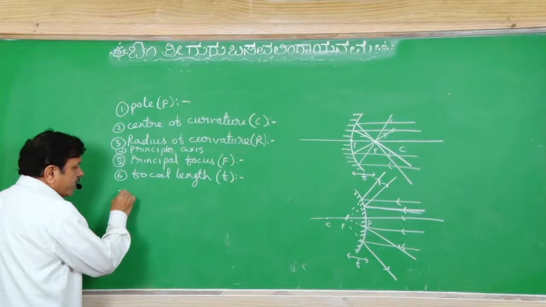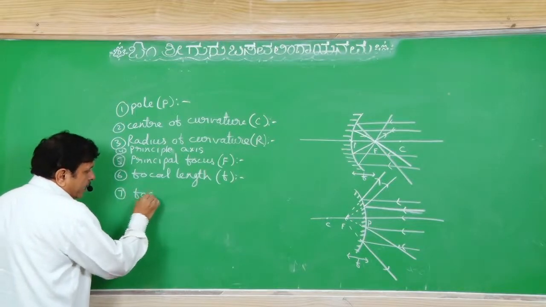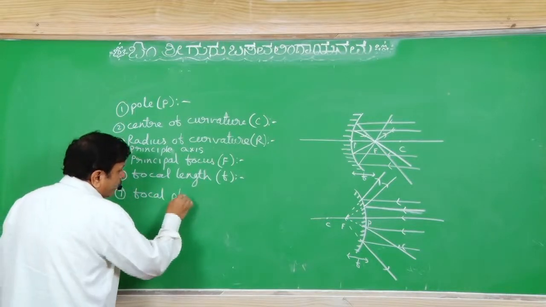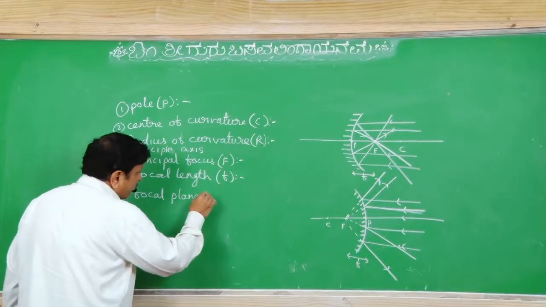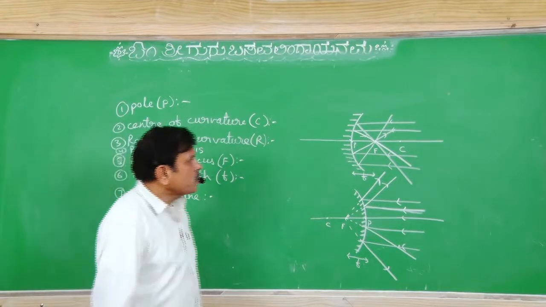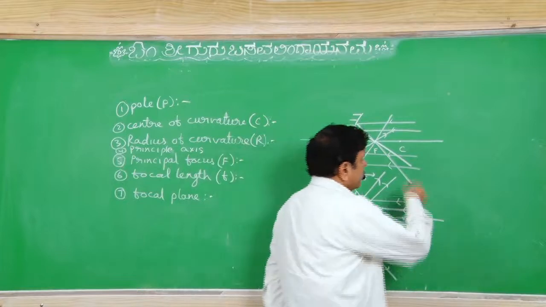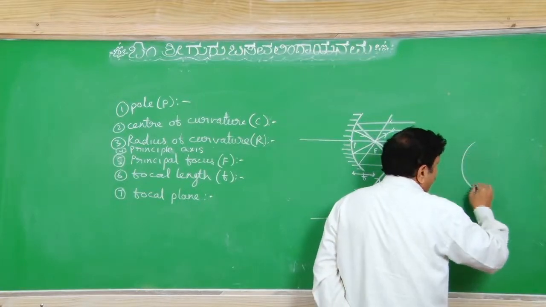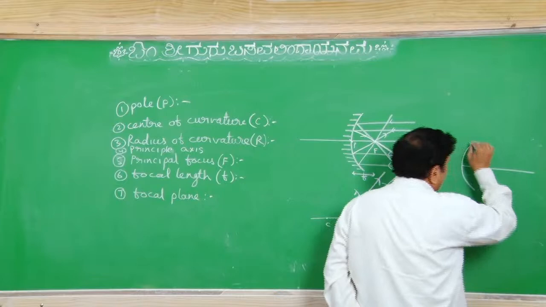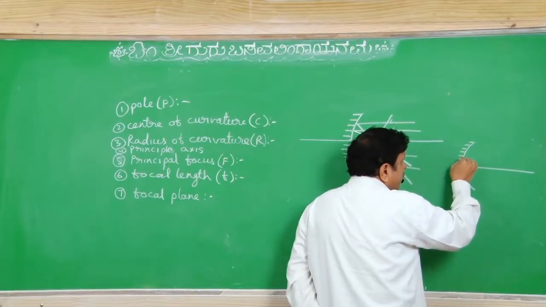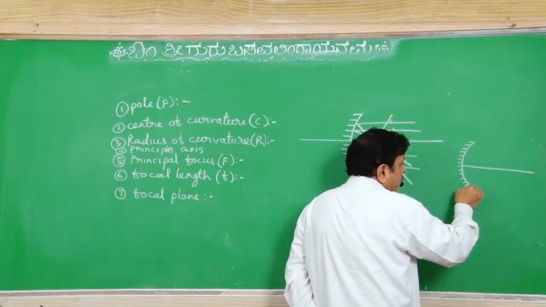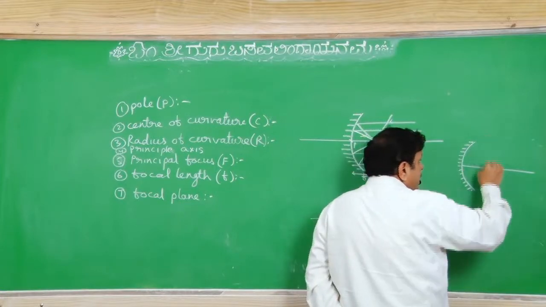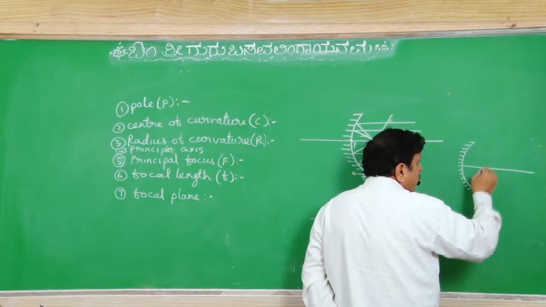Now, the 7th one is the focal plane. Suppose we have a concave mirror. We can also take a convex mirror, but assume that we have one concave mirror and this is the principal focus.